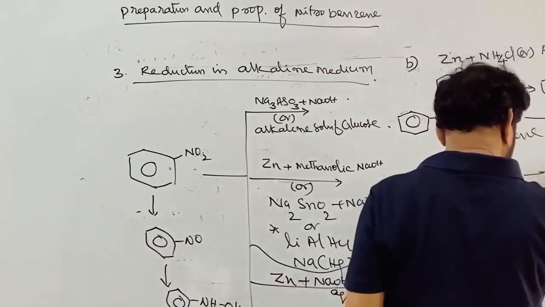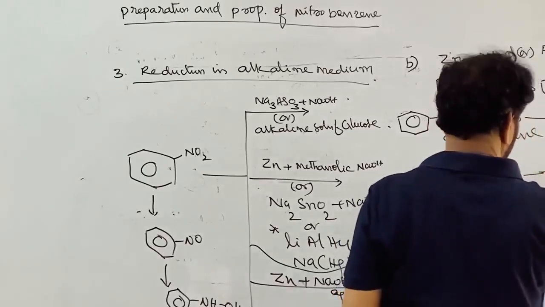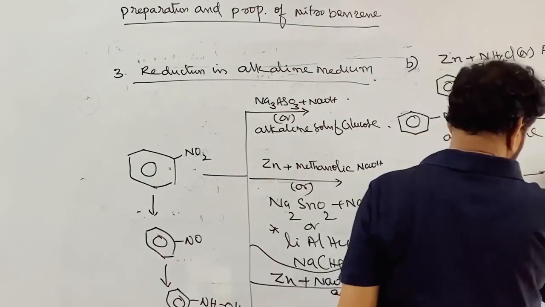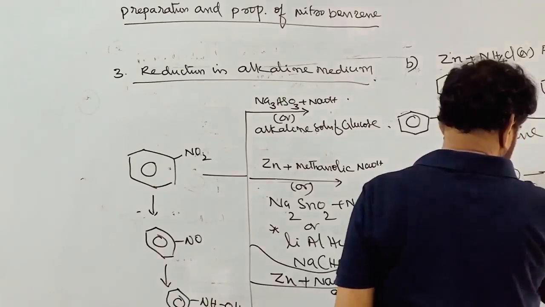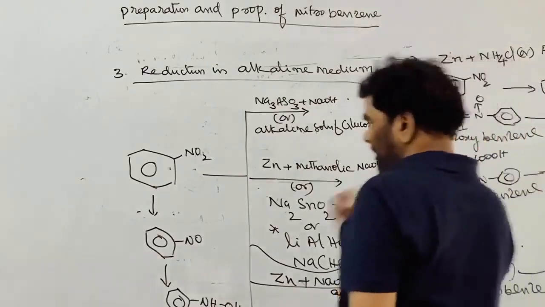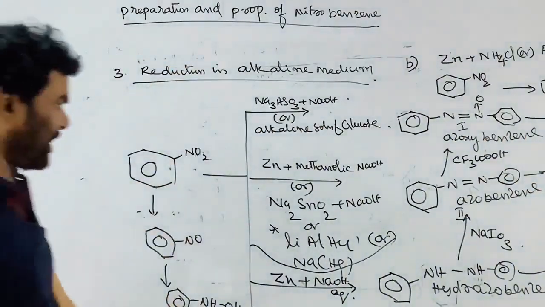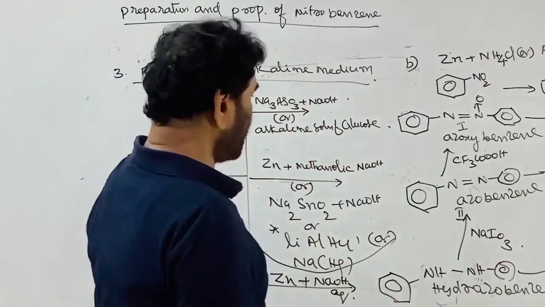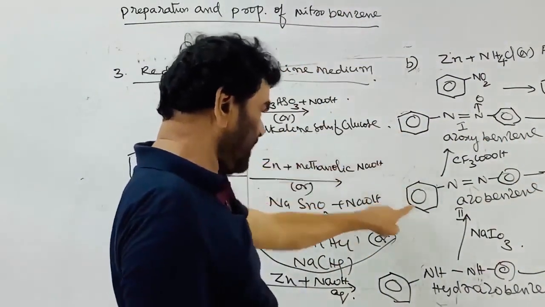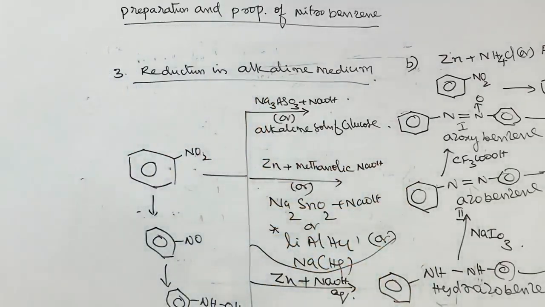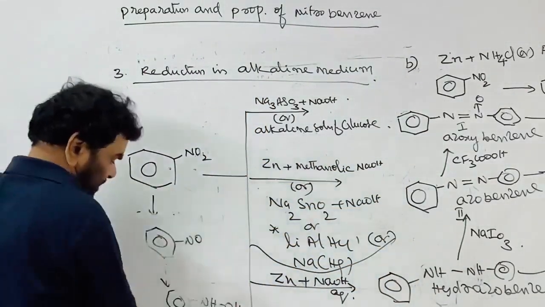All the three are converted into aniline on treatment with SnCl2 plus HCl. So this is the interconversion of azoxybenzene, azobenzene and hydrazobenzene. So this is the reduction in the basic medium. These are the reducing agents used.